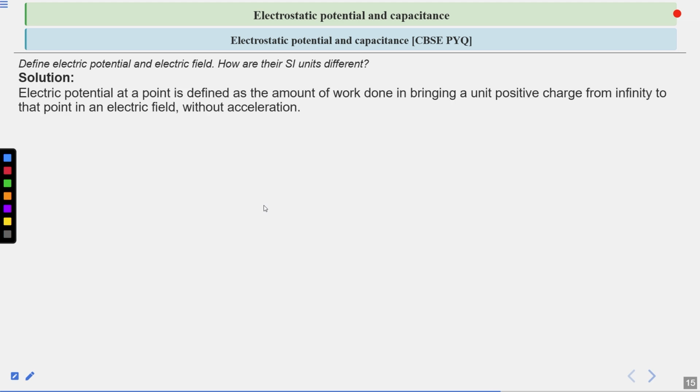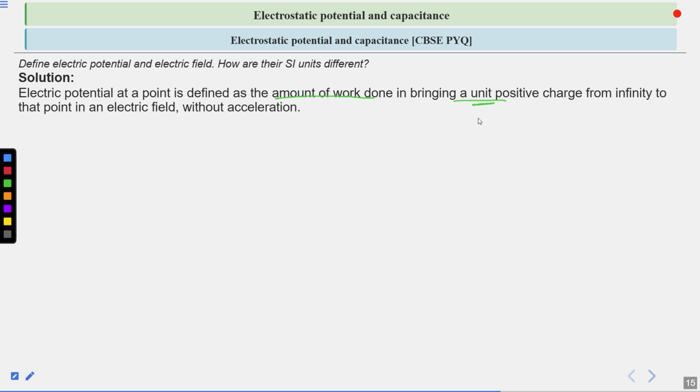Solution. Electric potential at a point is defined as the amount of work done in bringing a unit positive charge from infinity to that point in an electric field. When we define potential energy, we say bringing a positive charge, not unit, because we also take into account the amount of that positive charge.